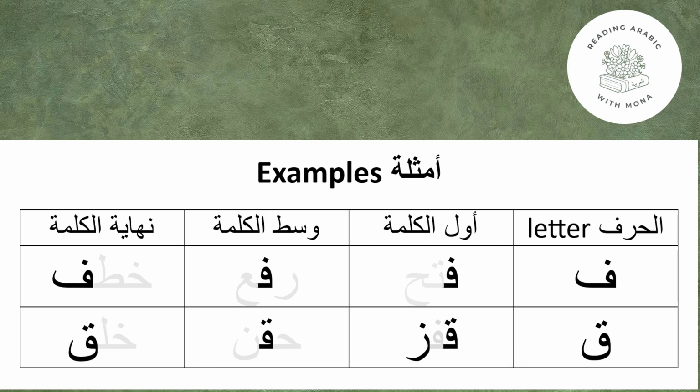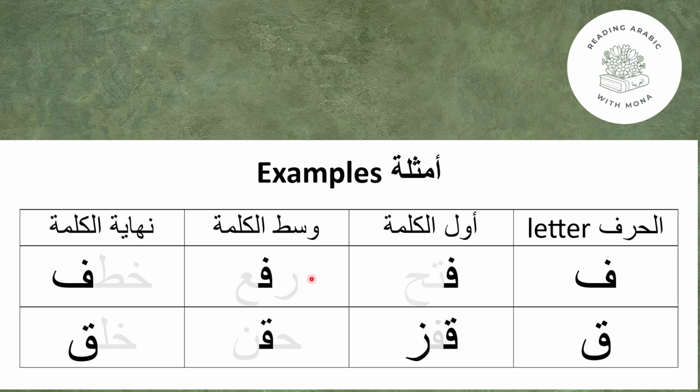Now let's look at examples to see how these changes actually look when they are blended with other letters. Here with the fa, as you can see here. Here in the middle of the word, the fa is dealt with as if it's at the beginning of a word because it is preceded by the letter ra, one of the resisting letters.